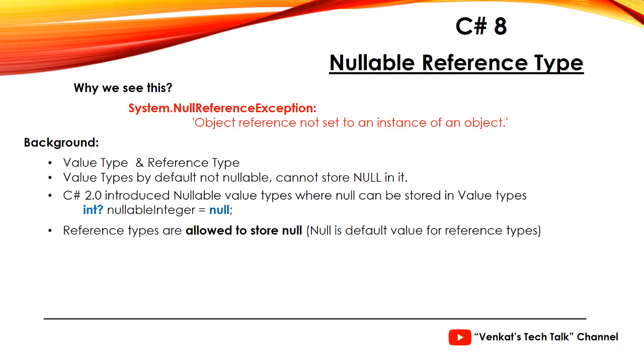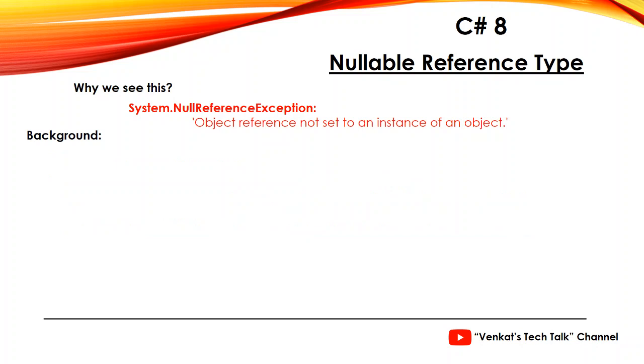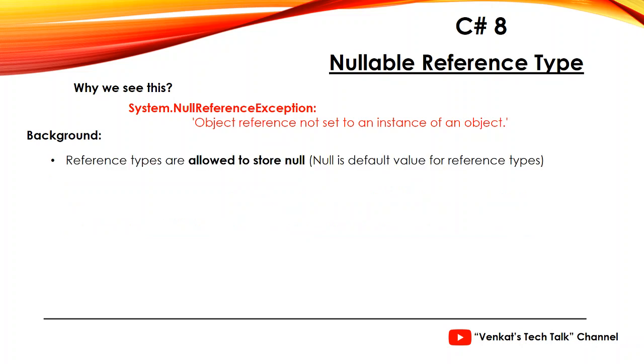Now let us look at reference types. Reference types are always allowed to store null. In fact, null is the default value for a reference type. Moreover, we know reference type objects can be passed across different methods.